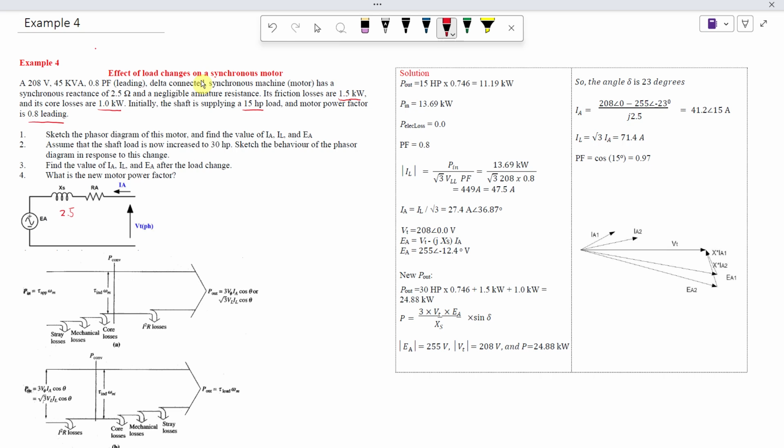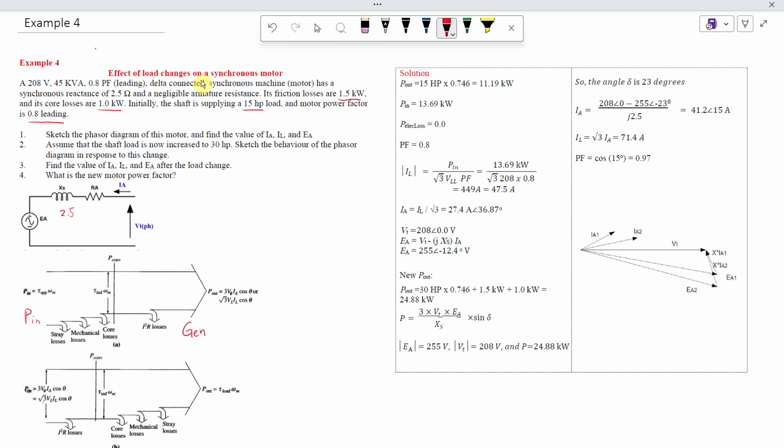It's a bit different here. You can see this side is always P_in, the input power, that was for a generator. For the generator, the mechanical torque goes in, so that's mechanical power, and there are some losses, and it is converted to this part.